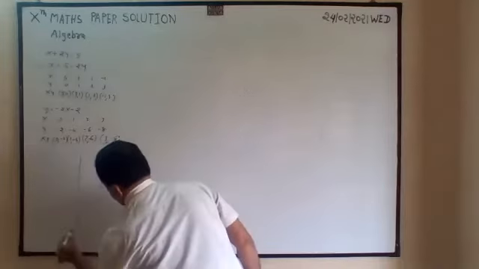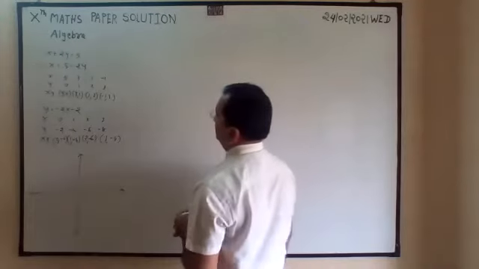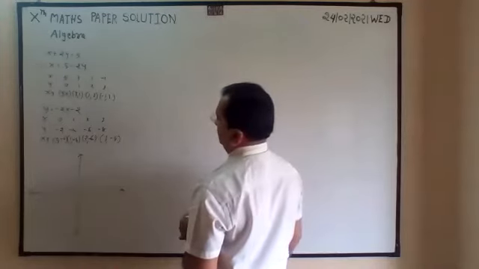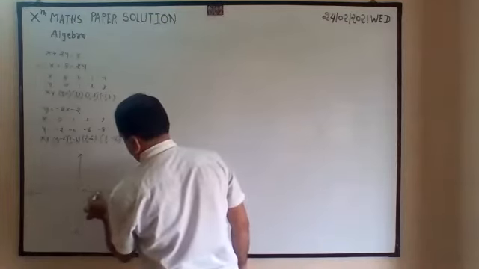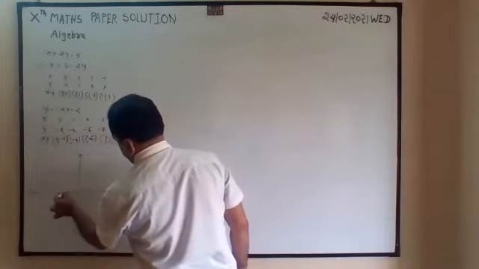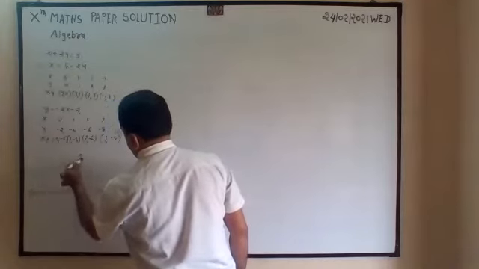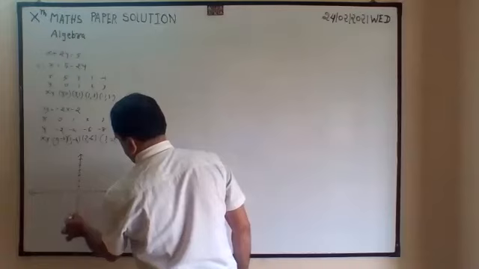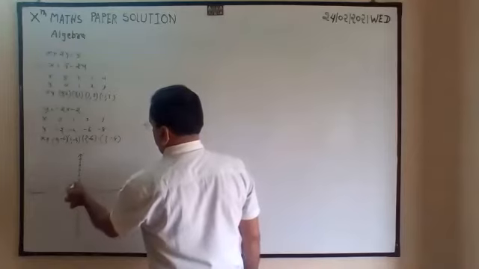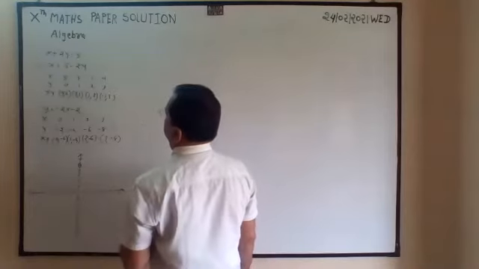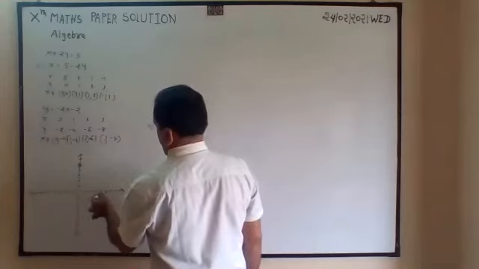Try to get, okay? Max to max it is 5, 6. Zero 5, 1 2 3 4 5. Sorry, 5 0, 1 2 3 4 5.